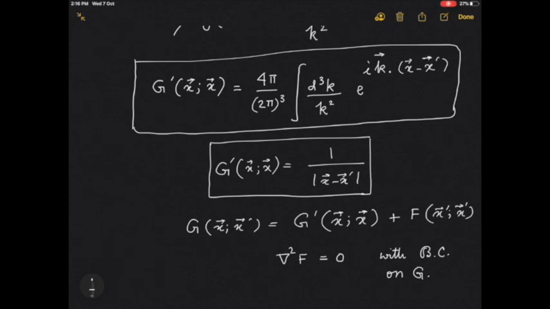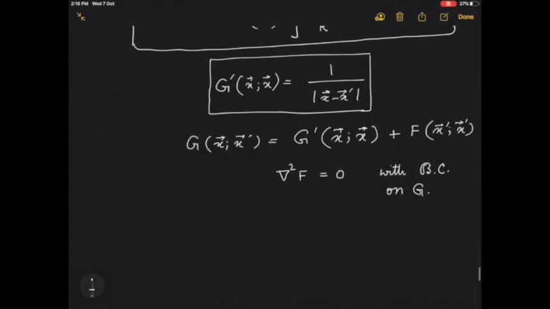We have seen that if the boundary condition for phi is known, then we choose the boundary condition for g such that g equals 0 at the boundary, and accordingly we can have another type of boundary condition which we call the Neumann boundary condition. We can also have the mixed Cauchy boundary condition.